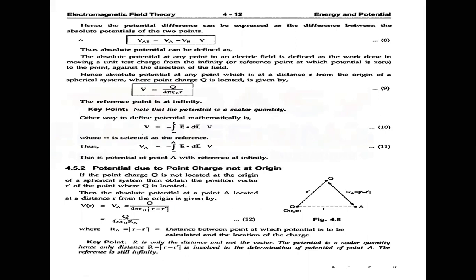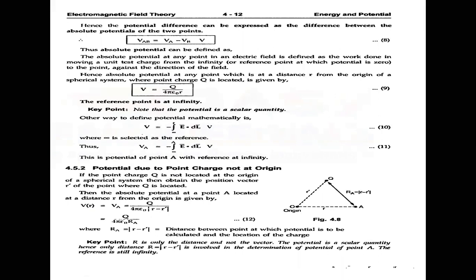Any point which is at the distance R from the origin of a spherical system where the point charge Q is located, this reference point is at infinite. V is equal to Q by 4 pi epsilon naught R. Here Q by 4 pi epsilon naught is a constant, so V is always inversely proportional to the distance from the origin, any point, with a distance from the origin.